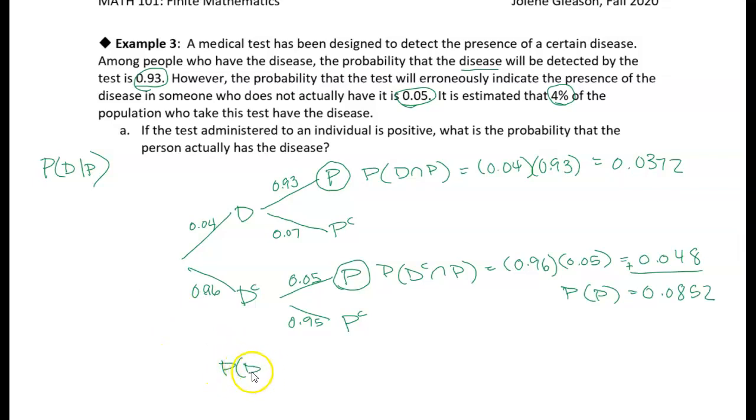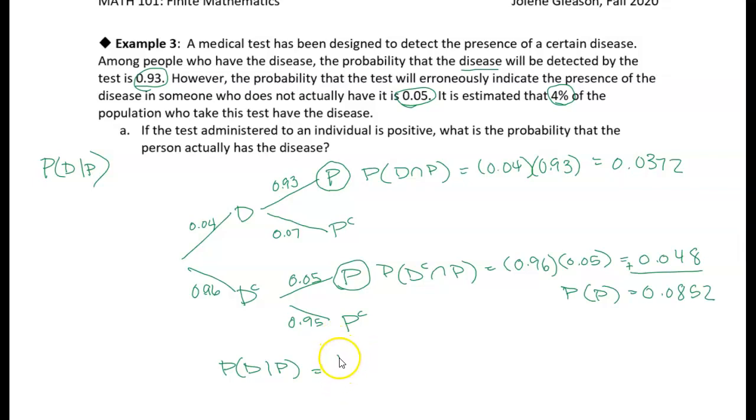Okay, so now I want to calculate the probability of having the disease given that you test positive. That seems like an important thing to know. I come in for this test, and I want to know what is actually the probability that if I test positive, I actually have the disease.